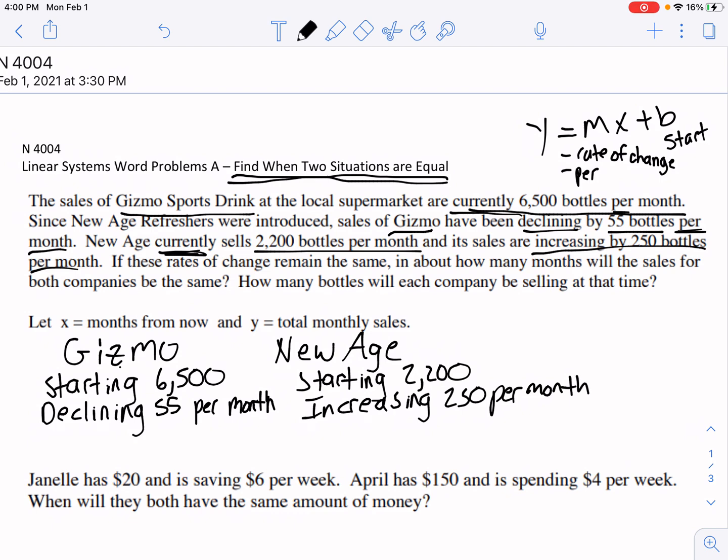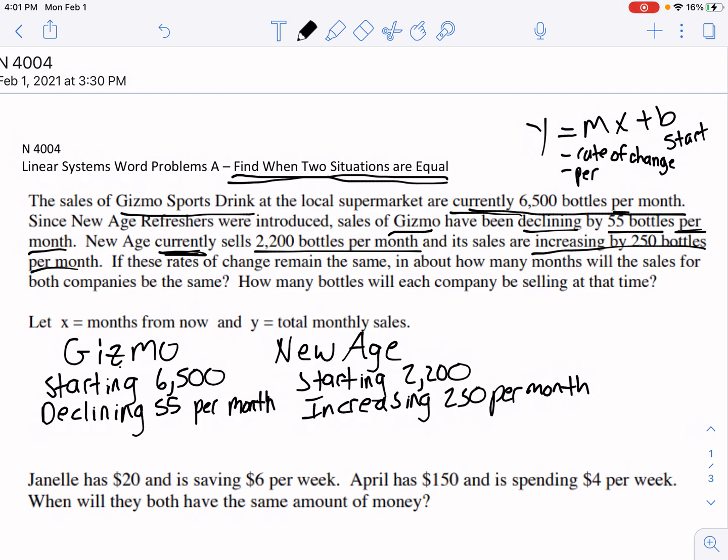Okay, so now we have our two situations. We might have enough information here to start breaking down our slope-intercept form in terms of the two equations we need to write. In the first situation and the second situation, what we're talking about is the total number of bottles that they sell per month. One of them is decreasing so many bottles per month, and the other one is increasing so much per month.